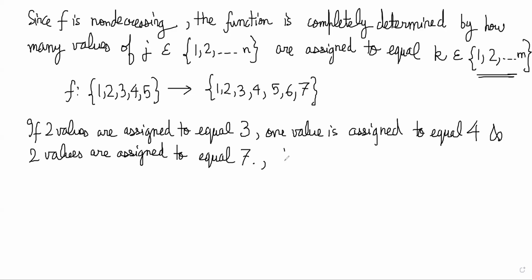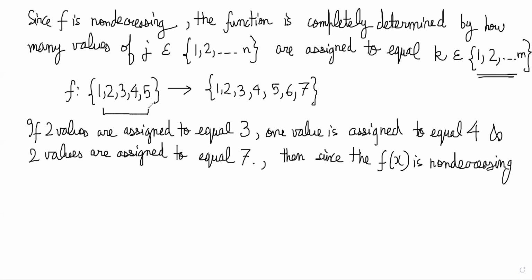Then, since the function is non-decreasing, so first what are we saying? We are saying out of these 5 inputs, 2 of these inputs are going to be equal to 3, one input is equal to 4 and 2 inputs are equal to 7. So that will fix our function, right? All the elements of the domain will have different outputs, right?